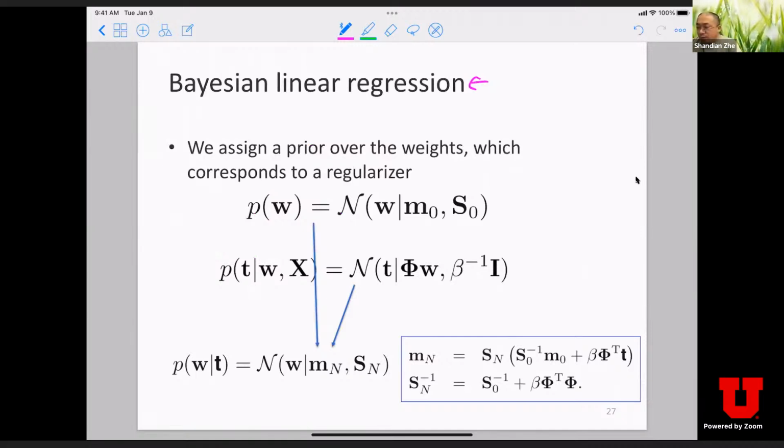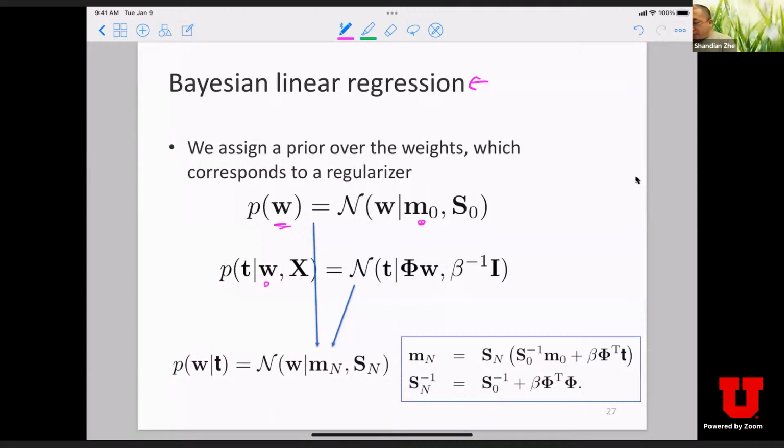As we mentioned, we assume every parameter is a random variable. That means we assign a prior over the model parameters W. The most commonly used prior is the Gaussian prior, where the mean is denoted by M0 and the covariance by S0.